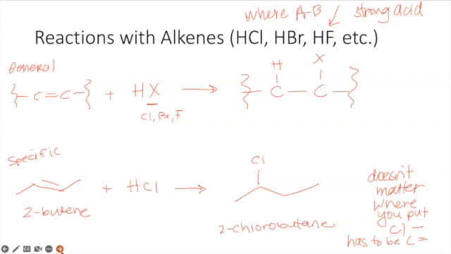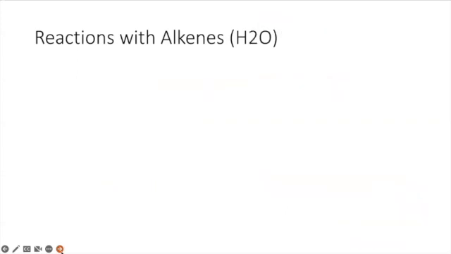All right. So one last reaction that we can do with alkenes is add H2O. So this is where AB is H2O. And you're like, wait, that's 3 atoms, not 2. How's that AB? So H2O will be listed like this on the reactant side. But on the product side, we're going to add an H to a carbon and an OH to a carbon.